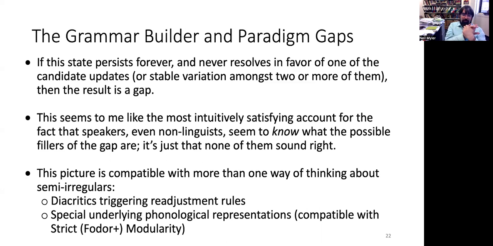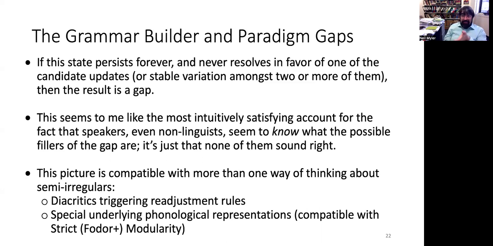If you're trying to uphold strict Fodor-plus style modularity, then you have to forswear readjustment rules, because they have a nature that violates domain specificity. So their structural description and their structural change are phonological in nature, but their conditioning environment is morphosyntactic.